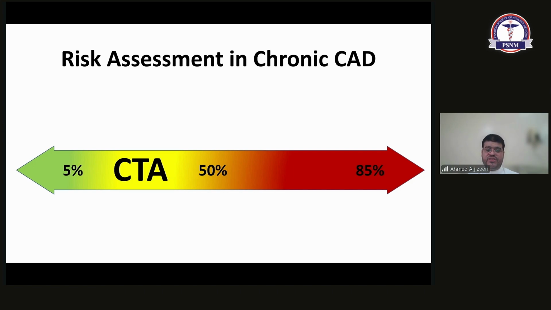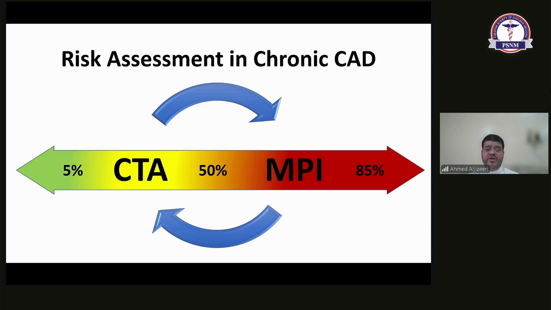If I know that the patient has a disease, but I want to see whether it's significant or not, and this most commonly happens in patients with more than 50% likelihood of the disease, then I will choose MPI. And one has to remember that either one of them could lead to the other. And remember that in those patients who are at very high risk or very high likelihood of having intervention, cath should probably be the best option.